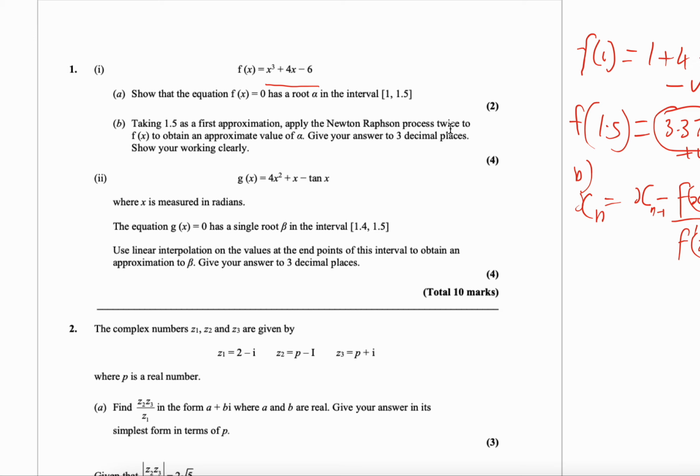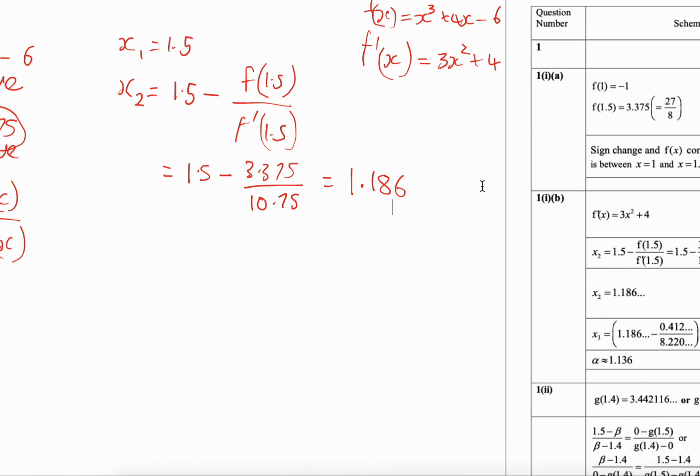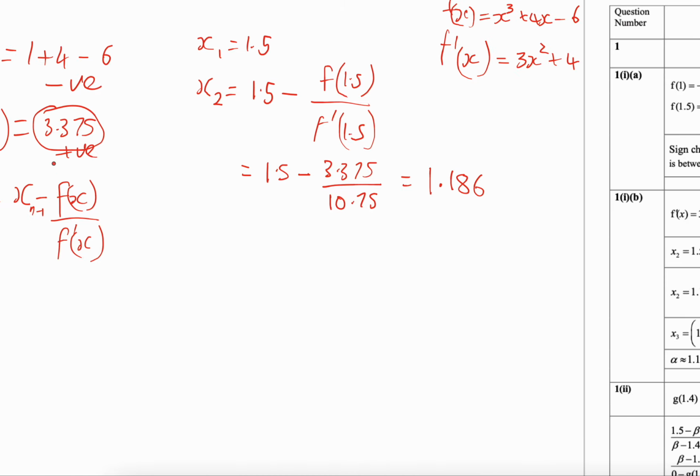We need to do the process twice, as it says in the question. So x3 will be 1.186 minus f of 1.186 over f dash 1.186.